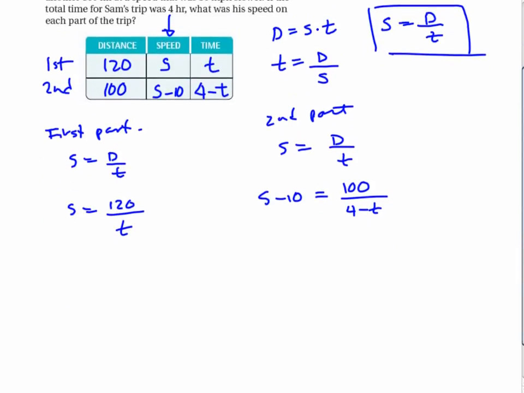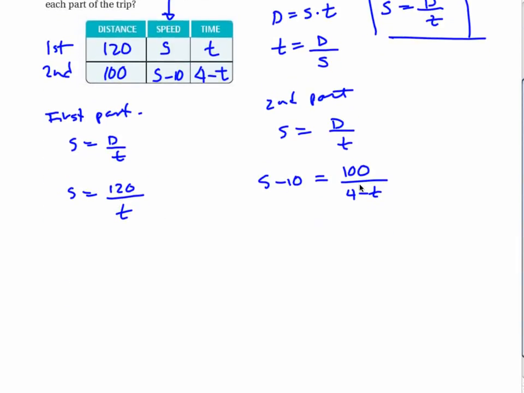There. So now what I have is two equations, both written in S and T, and both of these numbers are the same for each one. So what I can do is solve the system of equations. The easiest way to solve this one would be to solve by substitution.